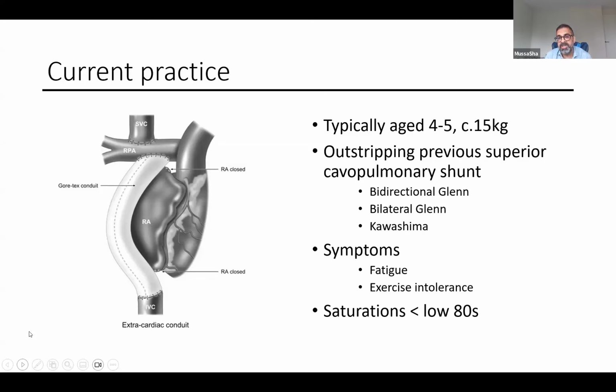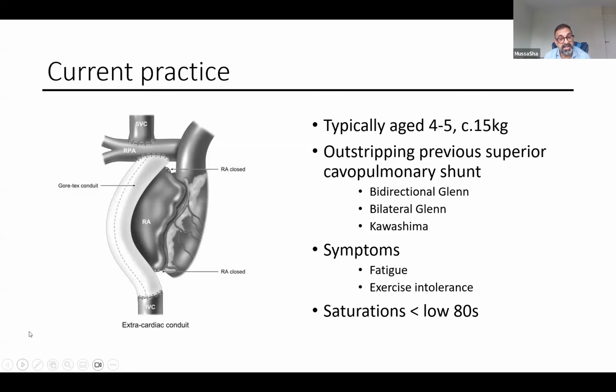So whatever type of cava pulmonary shunt they've had, when it gets to the point that they are starting to outstrip the pulmonary blood flow that they need, the symptoms that they develop is they start to become fatigued, and they start to develop exercise intolerance.